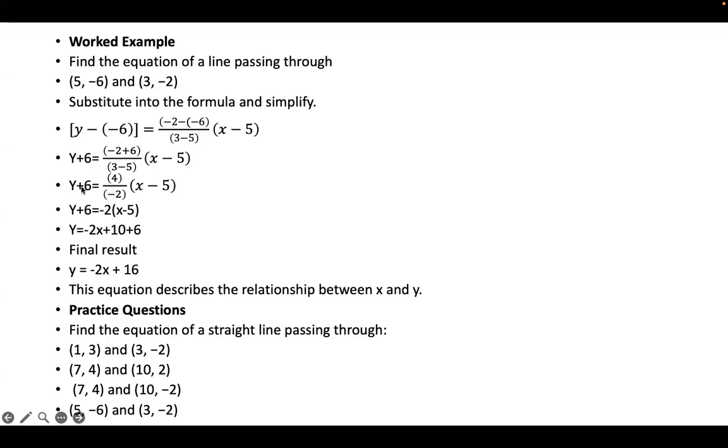Therefore, we have y plus 6 is equal to 4 over negative 2 multiplied by x minus 5. 4 over negative 2 gives you negative 2, because negative 2 goes into 4. Then the final answer becomes y equals negative 2x plus 10 plus 6.